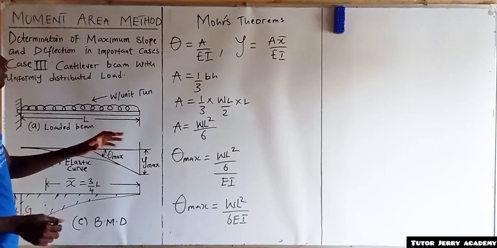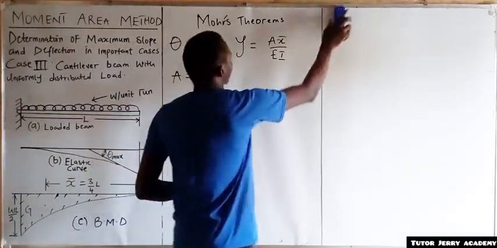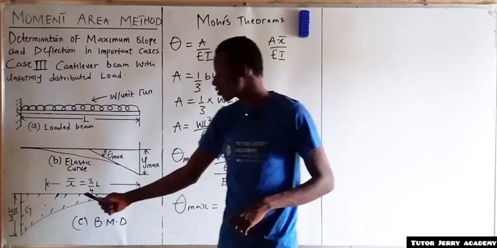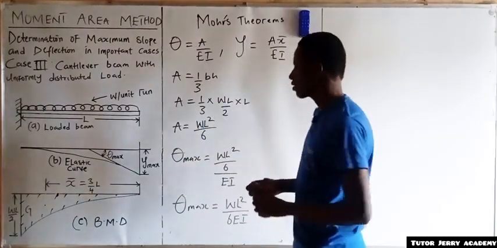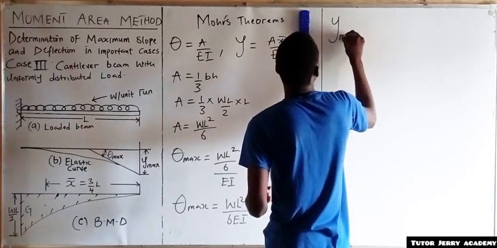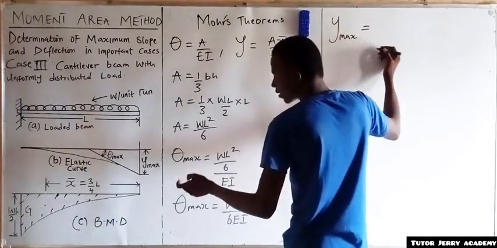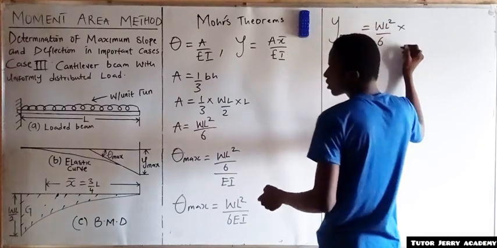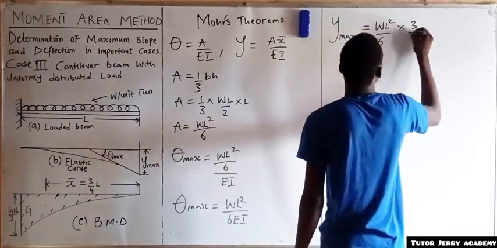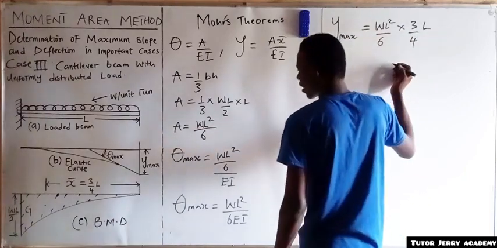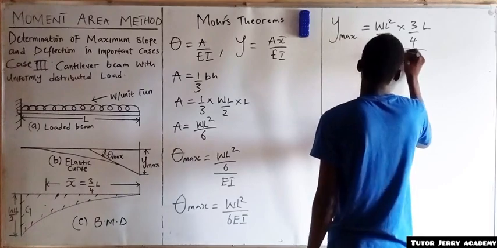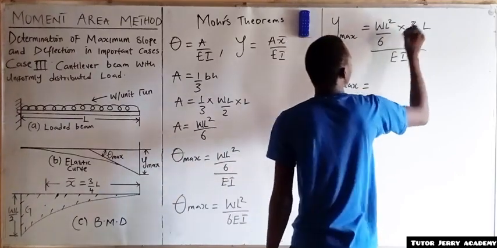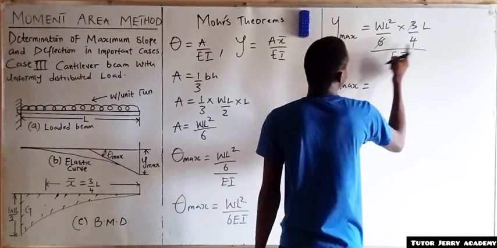Now to get our y max, y max is equal to the area multiplied by x bar. The x bar here is 3 over 4 L. So we substitute directly. We have y max equal to the area, WL square over 6, multiplied by 3 over 4 L, everything all over EI. So y max will be equal to, 3 over 6 is 1 over 2, and 2 multiplied by 4 is 8.